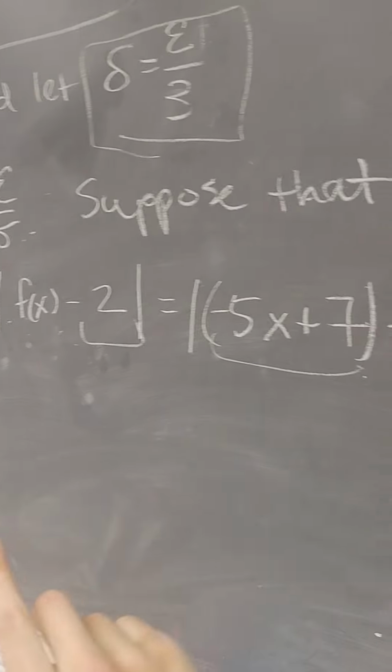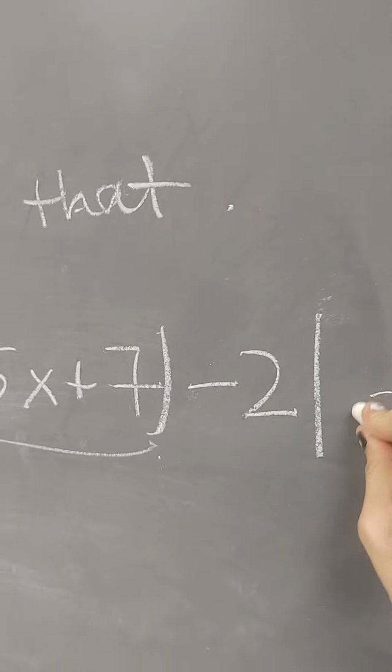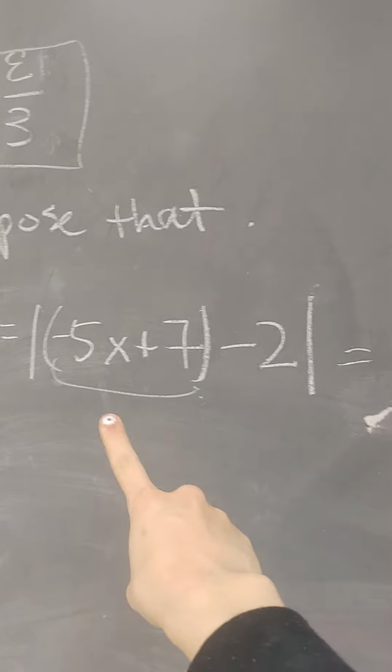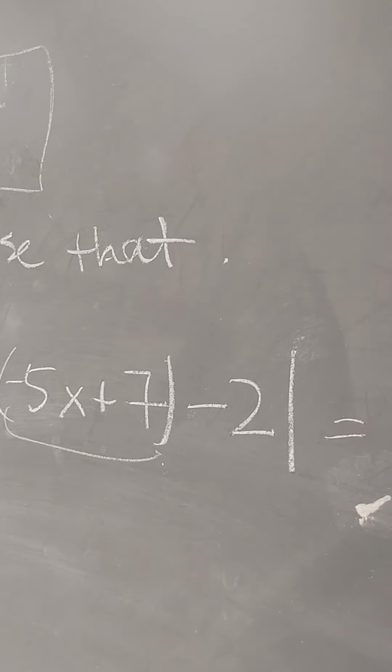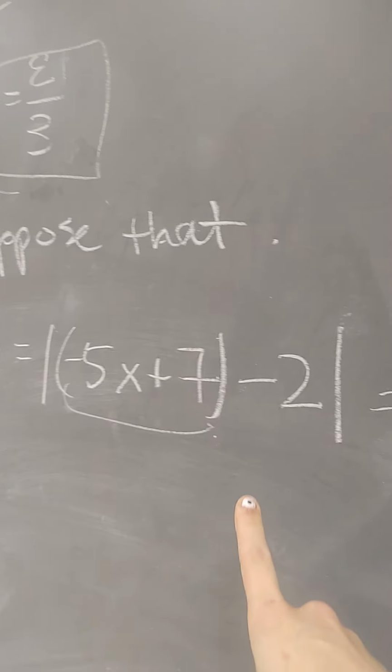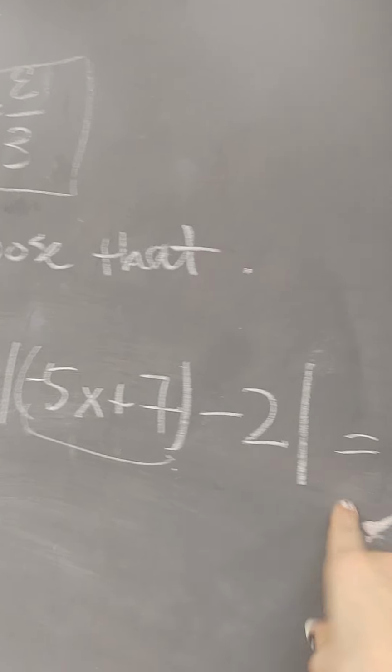Okay, so those are equal. This is going to be equal to negative 5x plus 7 minus 2, which is equal to negative 5x plus 5.